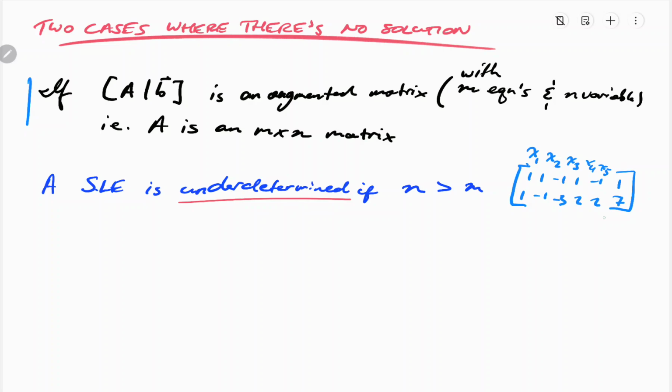So since the number of variables is greater than the number of equations, this will be underdetermined.